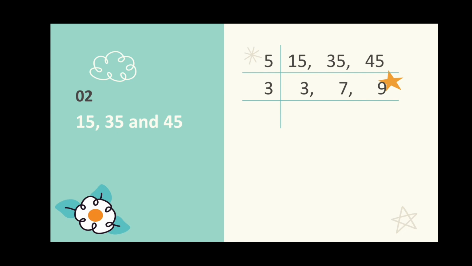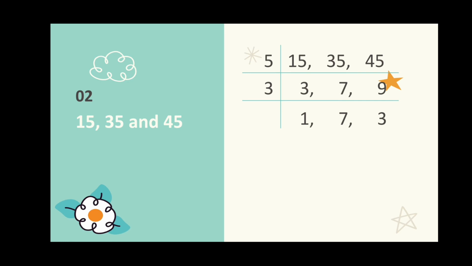Pero paano yan? Hindi divisible by 3 ang 7. Now, kapag ang given number ay hindi divisible by a divisor, hindi natin siya i-divide. We're just going to rewrite. So at least 2 of the given numbers are divisible, yun lang dapat ang i-divide natin. Okay? So, it will be 1 because 3 divided by 3 is 1. So, rewrite lang ang 7 and then 9 divided by 3 is 3.